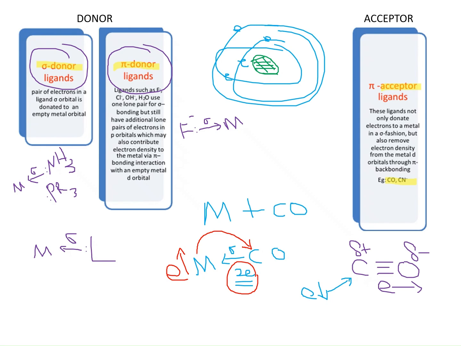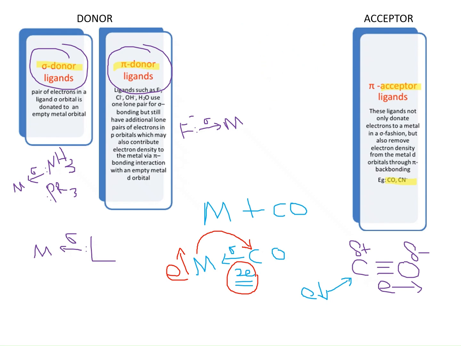So, if you remember the atomic orbital diagram, or the molecular orbital diagram, we know that the lowest energy is sigma, followed by pi. Then you have the non-bonding, then the pi star, and then the sigma star, right?